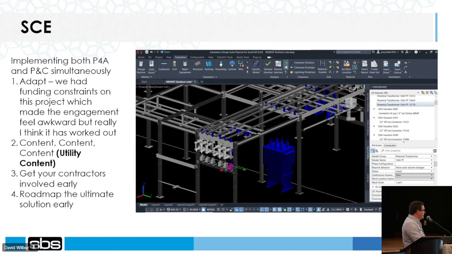The other thing that we did here at SCE last year is we really insisted that, hey, let's pause, and in parallel with P4A configuration development, let's take a look at the longer term roadmap. And so we had Sergey come in as our architect.